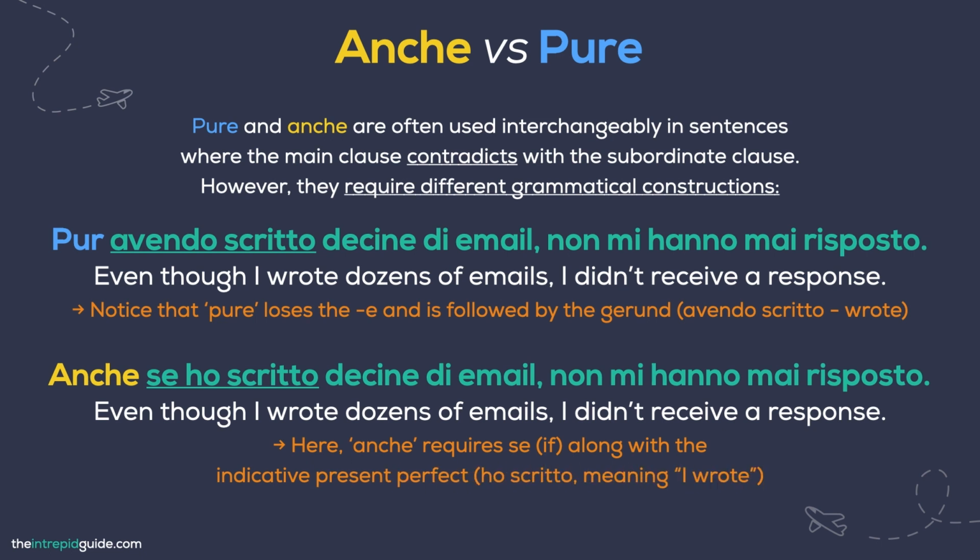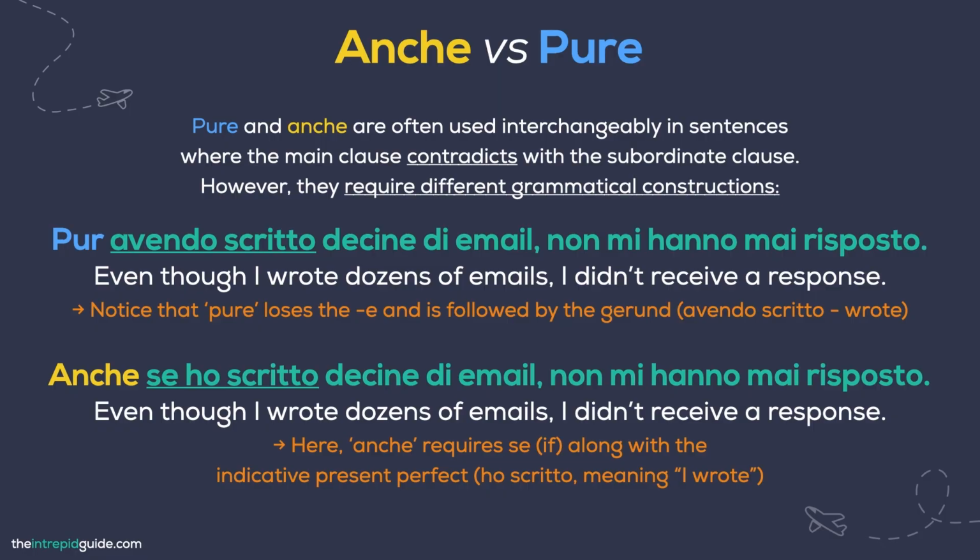Now both sentences are correct, meaning even though I wrote dozens of emails, I didn't receive a response. But they differ in structure. Notice that pure loses that e and it is followed by the gerund, which is avendo scritto, meaning wrote, while anche requires se, if, along with the indicative present perfect.